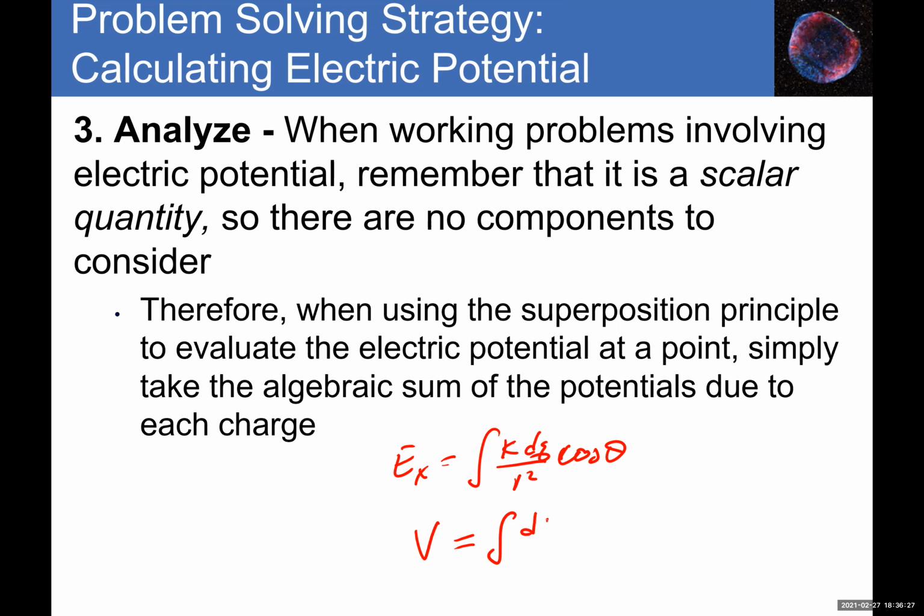So it's always going to be just dq, so k dq over r. That's it. There's no sine or cosine added to that, which sometimes makes our calculations or integrals a little more complicated, because a lot of times that makes our calculation a bit difficult, where we had to do trig substitutions and things like that. Anyways, so using the symmetry, try to then find the potential due to either a system of particles or a continuous distribution.